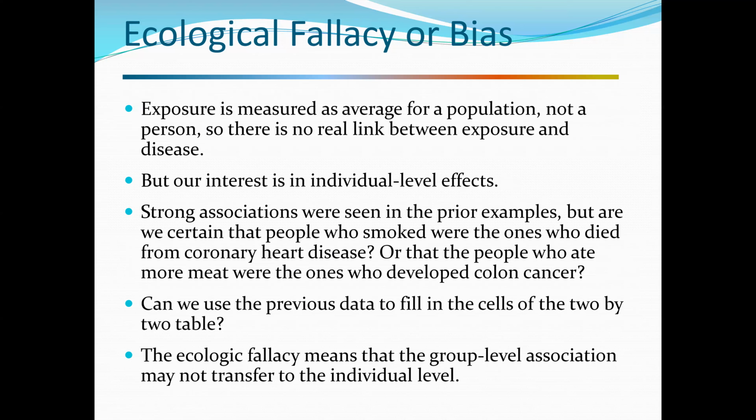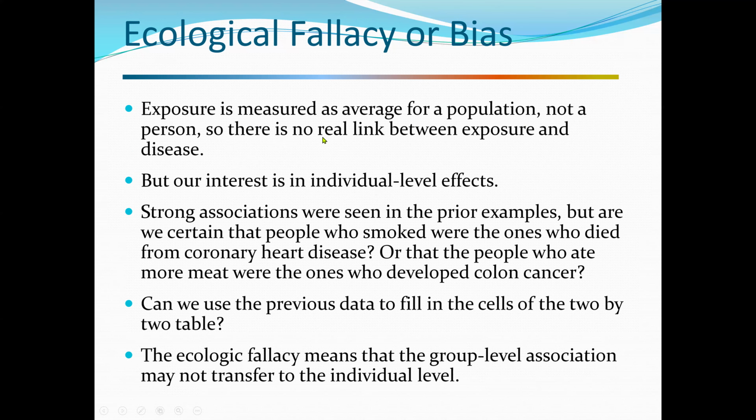Maybe we have people from the same region who are not prone to that case. So we may have a bias there: not everybody in the whole group is affected. That's the concept of ecological fallacy. For example, exposure is measured as an average for a population, not for a person or individuals, but as the average of the whole population.